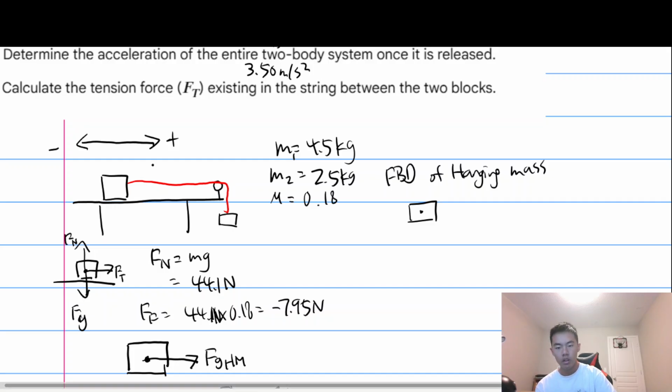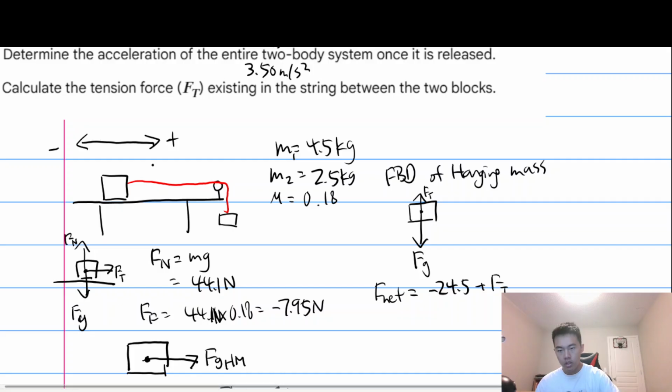What do we know? There's gravity pulling down, and there's a string pulling up. Okay, and we're trying to find how hard that string is pulling. We know that gravity is equal to 2.5 times 9.81. So that's negative 24.5 plus force of tension.